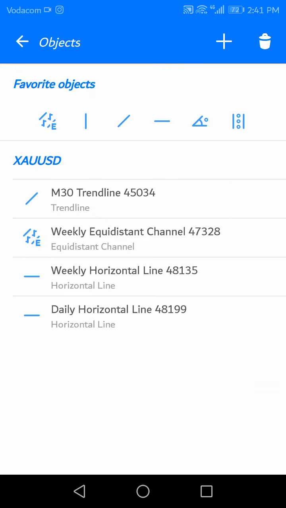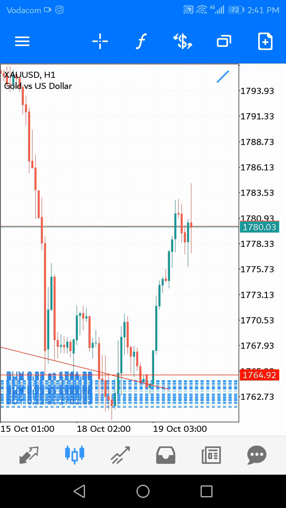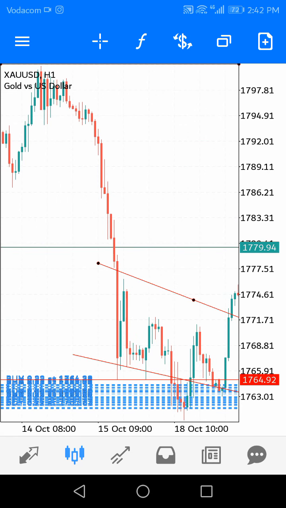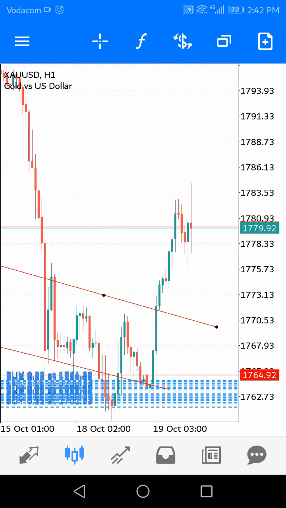You realize that after this breakout here, then we had our bulls which were running up.